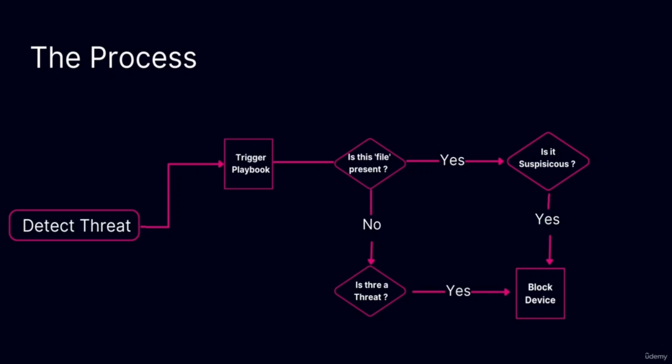So let's look at the process. Basically, let's just say a well known threat has been detected. It actually then triggers a playbook. There are some built in playbooks already in the system, but you can also create your own playbook. Let's just say this playbook says that if you see that someone has sent a file and this file may have a specific name for this particular malware.